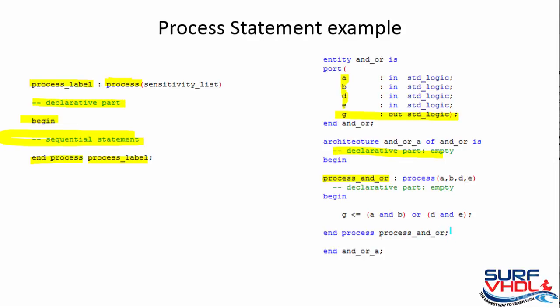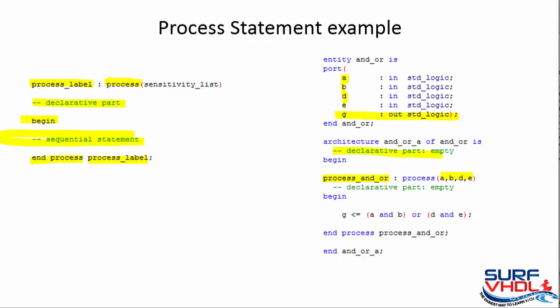In the process sensitivity list are declared all signals to which the process is sensitive. In fact, the process is evaluated any time a transaction is scheduled on the signals A, B, D, and E, which are input ports of the entity AND-OR.